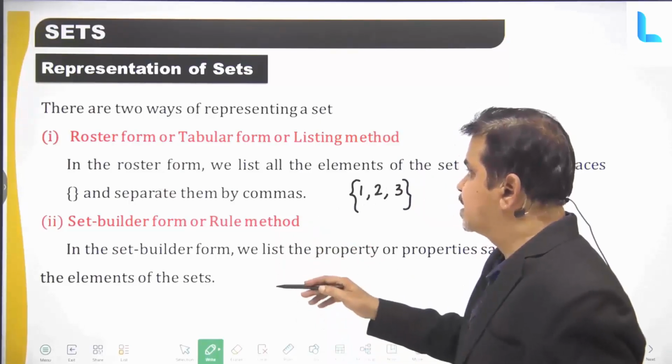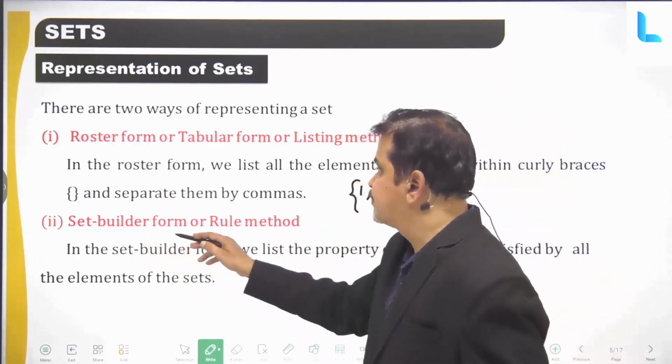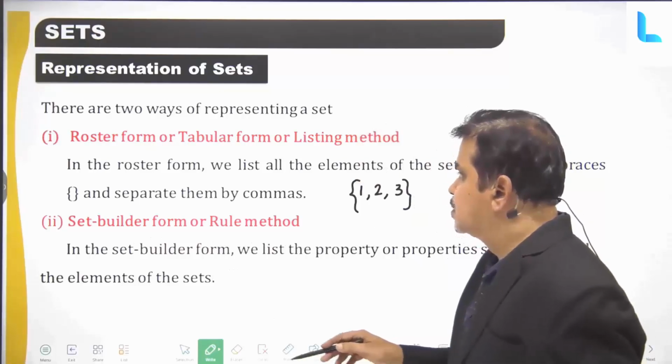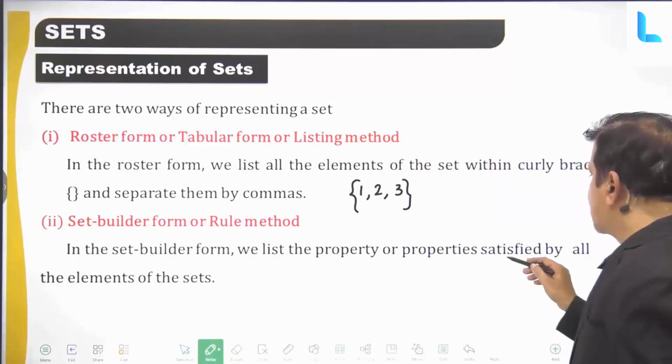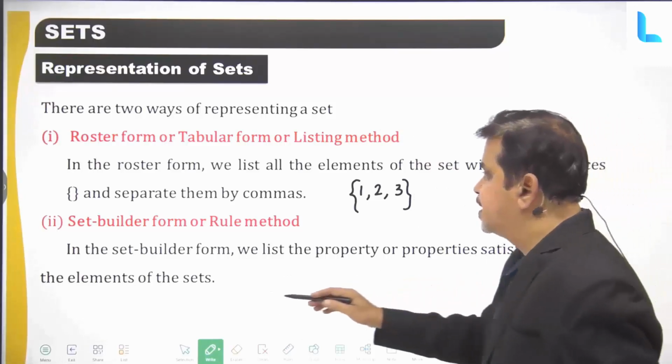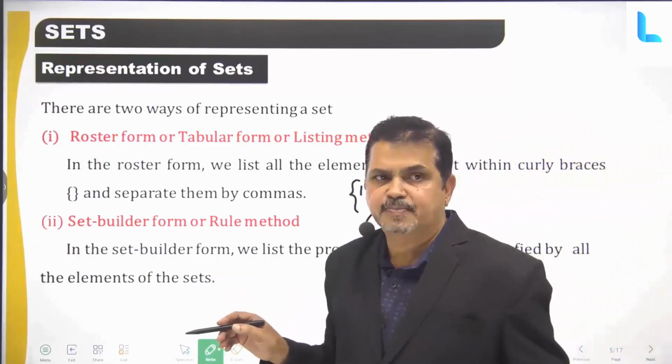Similarly, the second one is called the set builder form or the rule method. In the set builder form we list the property or properties satisfied by all the elements of the set.